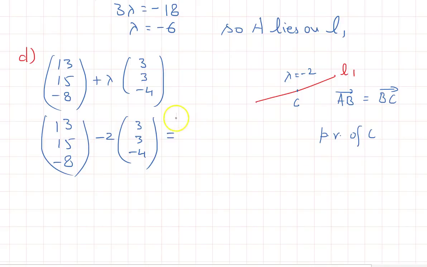So that will be equal to 13 minus 6 is 7, 15 minus 6 is 9, and minus 8 plus 8 is 0. So the position vector will be 7i plus 9j. That will be the position vector of C, which is lying on line L1.